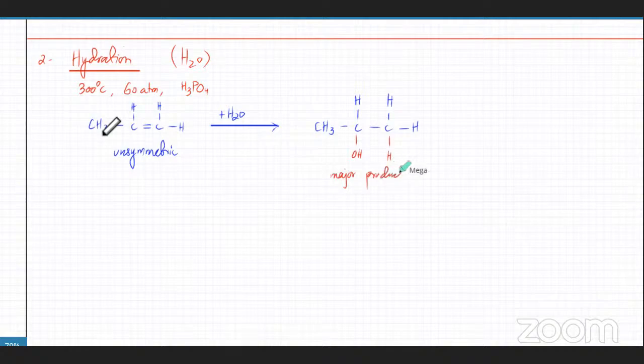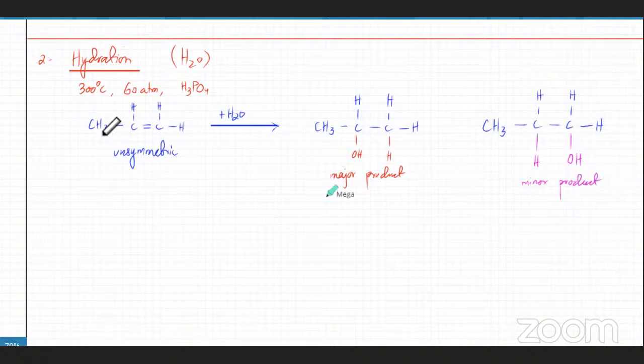And you'll also have a minor product, which is going to be the exact opposite. The H will get bonded to the carbon with fewer hydrogens, and OH will get bonded over here. So that was your minor product.